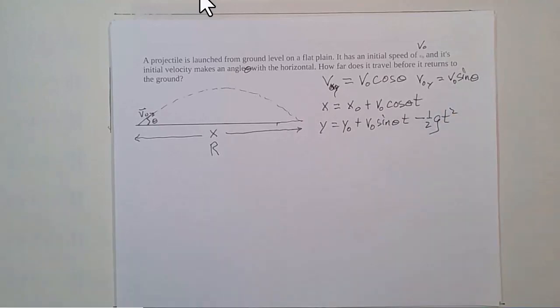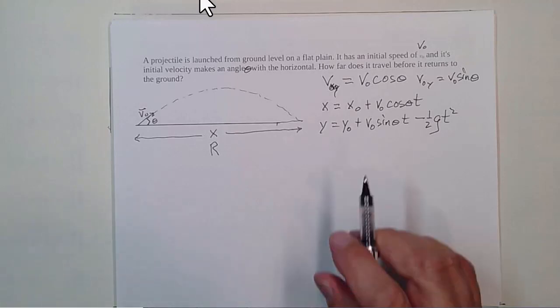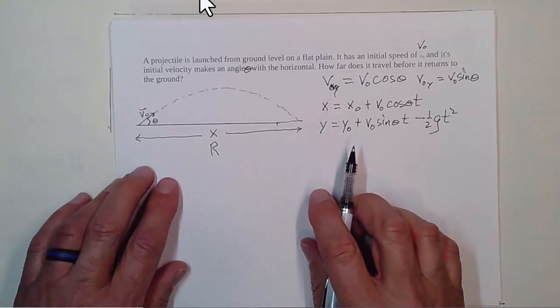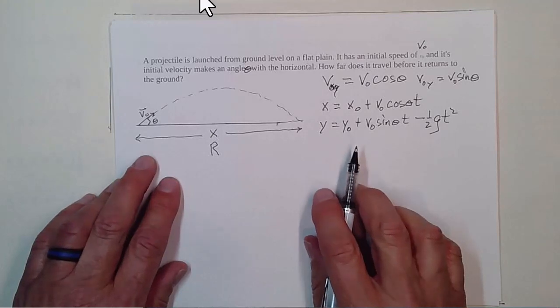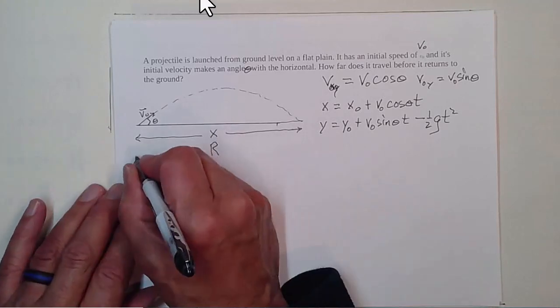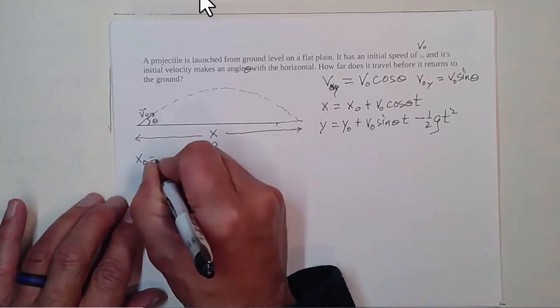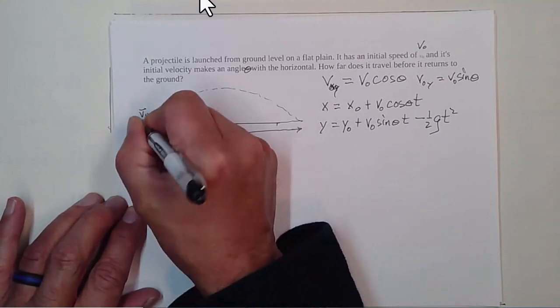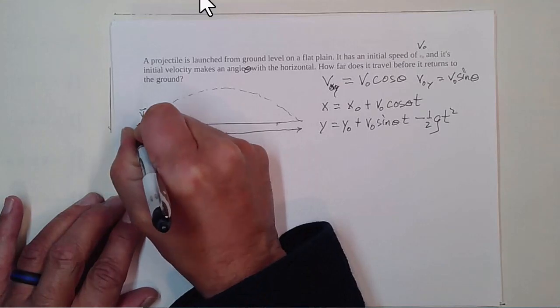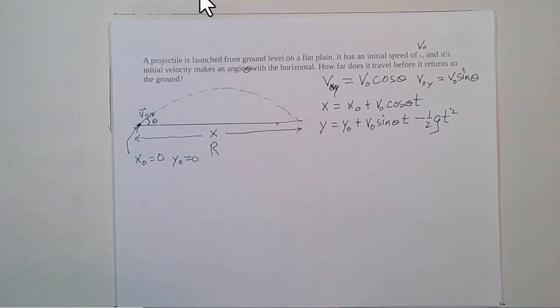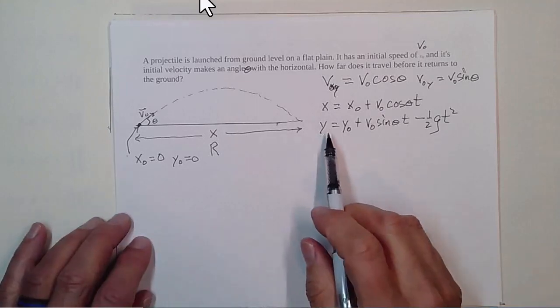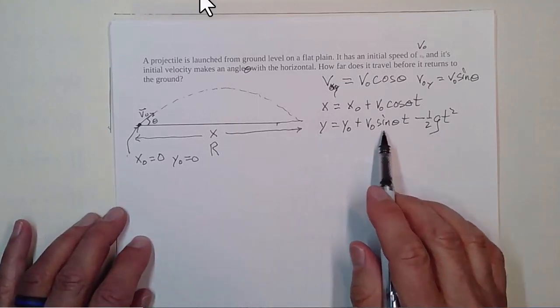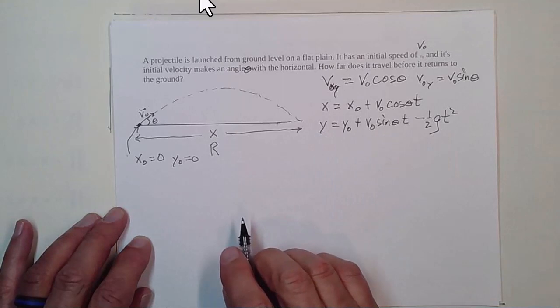Okay, now some of these formulas we've developed before, but it doesn't hurt to do them again. First of all, let's let x naught equal 0 and y naught equal 0. We'll just let this spot be our origin right there. Okay, the launch point. Now, let's take a look at what happens when y returns to the ground.